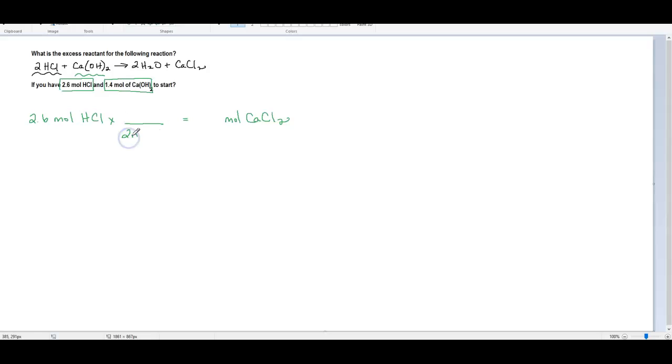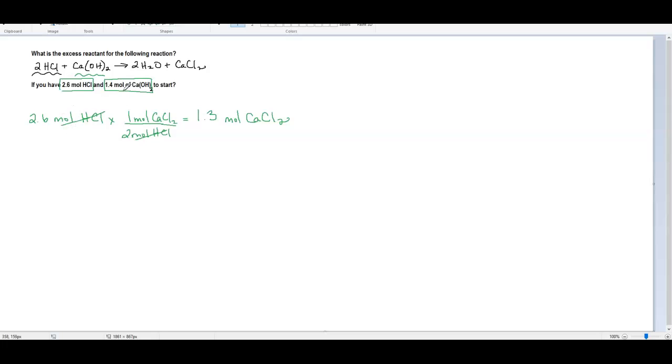So for every 2 moles of HCl, I'm going to make 1 mole of calcium chloride. So that's the stoichiometric relationship that I'm going to use. My moles of HCl cancel out, and then I go 2.6 times 1 is 2.6, divided by 2 gives me 1.3 moles of calcium chloride product.